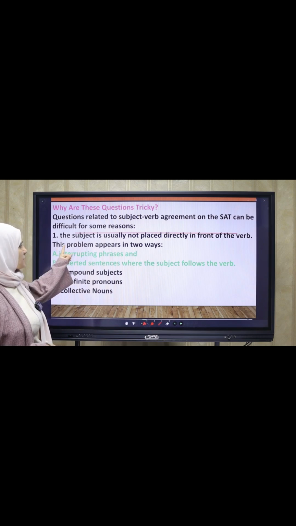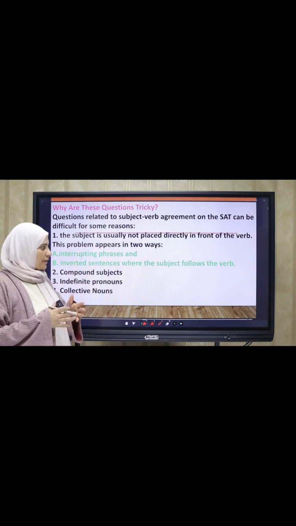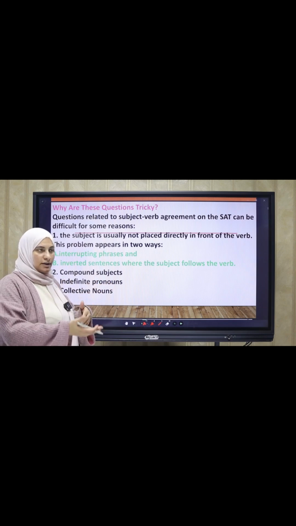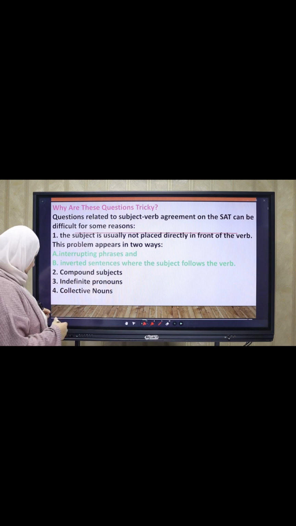The subject is usually not placed directly in front of the verb. This problem appears in two ways: using interrupting phrases, and using inverted sentences where the subject follows the verb. We'll see examples on this later.